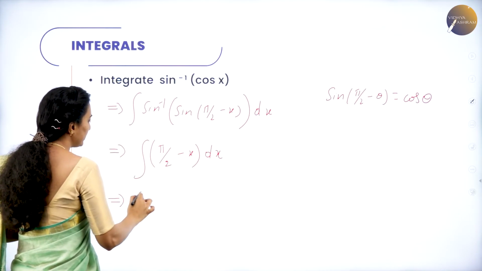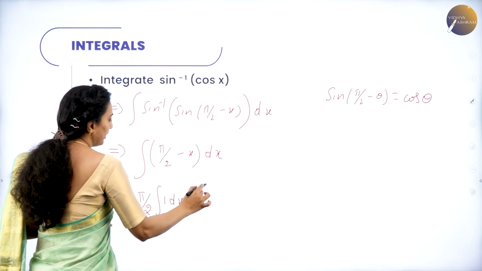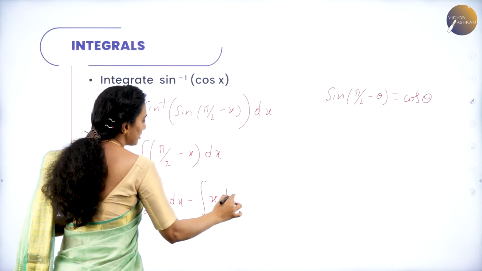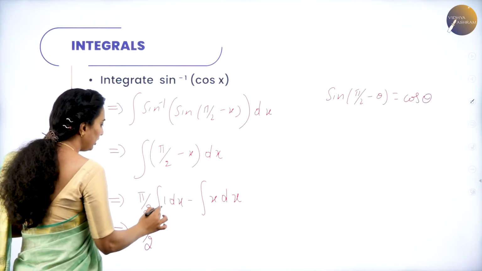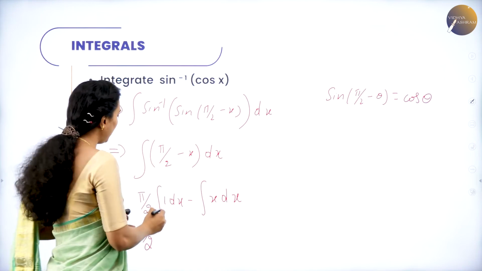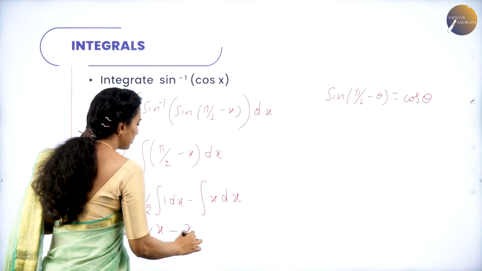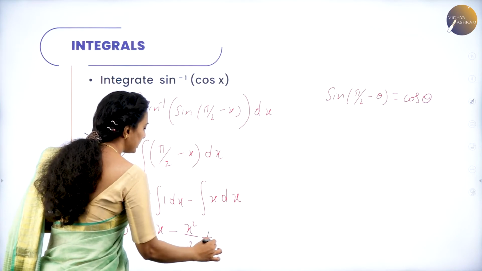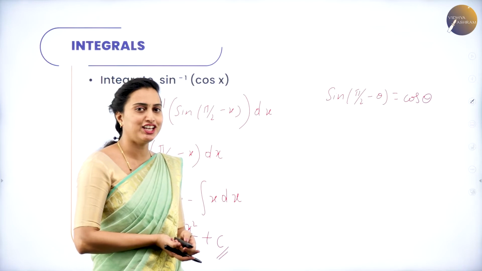Pi by 2 anyway is a constant. Pi by 2 integral of 1 dx minus integral of x dx. Therefore, the answer will be pi by 2 into x, since the integral of 1 dx is nothing but x, minus the integral of x, which is nothing but x squared divided by 2, plus c. And this is your final answer you are going to get after integration.